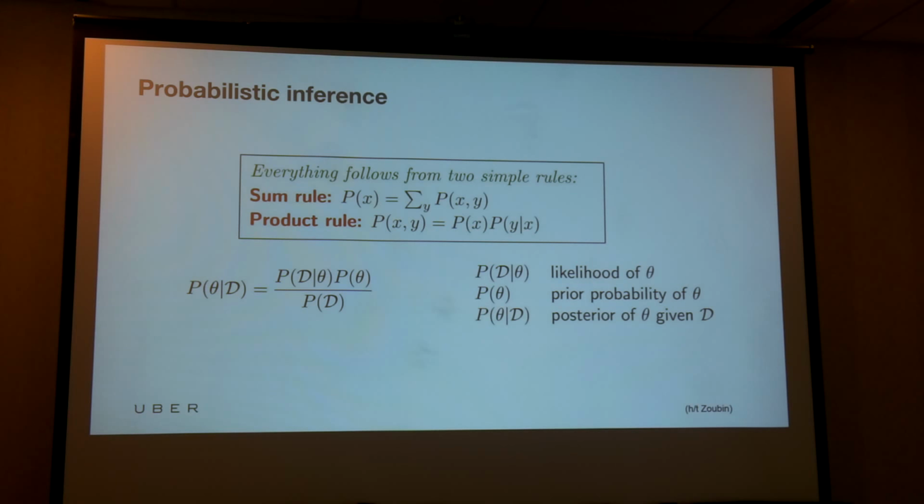The sum rule, which tells you how to get a description of one thing from a description of two things, and the product rule, which tells you how to get a description of two things from two different descriptions of one thing each. And finally, Bayes' theorem here on the bottom left, which is the combination of these two rules, the sum and the product rule. These three mathematical rules and approximations thereof are sufficient to mathematically describe all of the computation that's going on as the models that I just showed you are being fit to data.